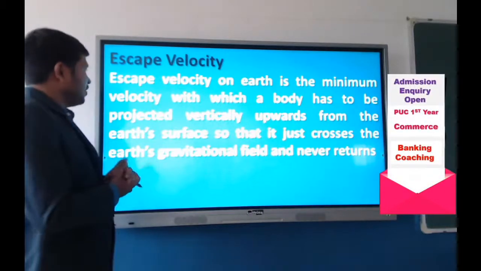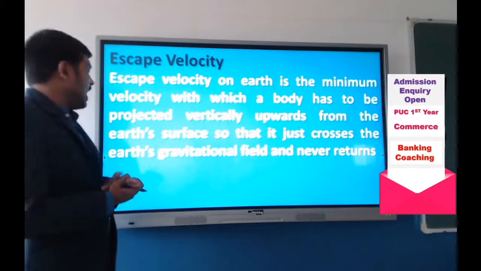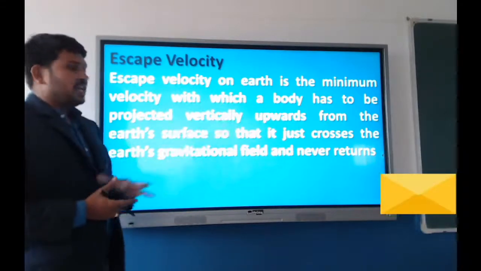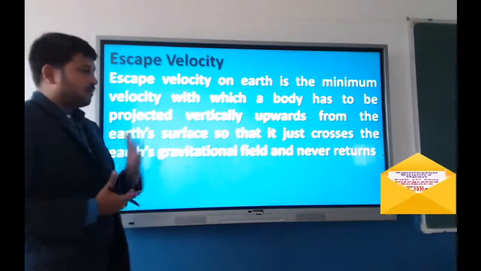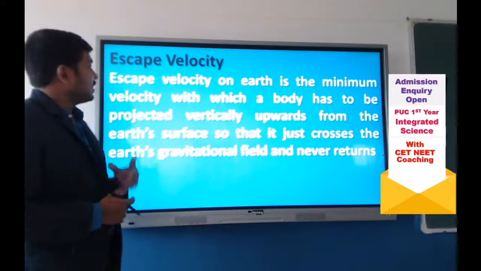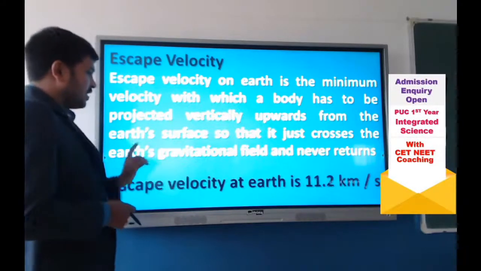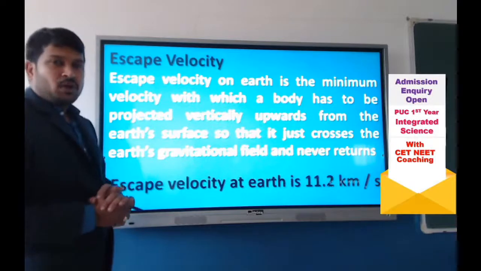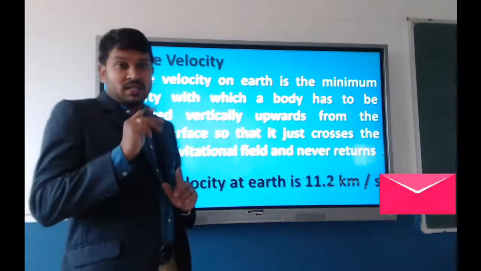On Earth, the minimum velocity with which a body has to be projected vertically upward from the Earth's surface is known as escape velocity. How much does it require, students? It requires 11.2 kilometer per second.